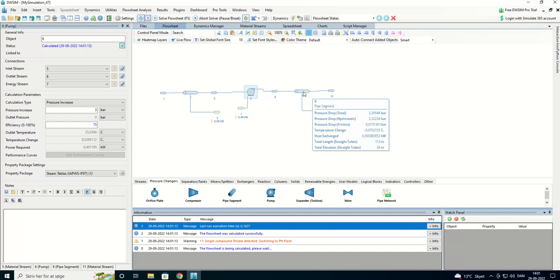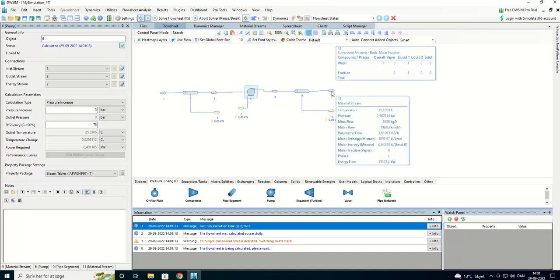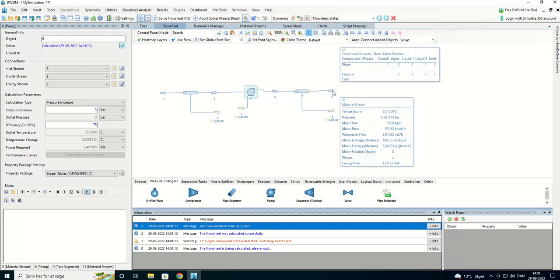But we don't have sufficient pressure here into the tank.